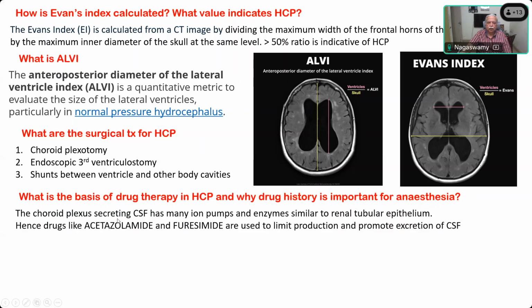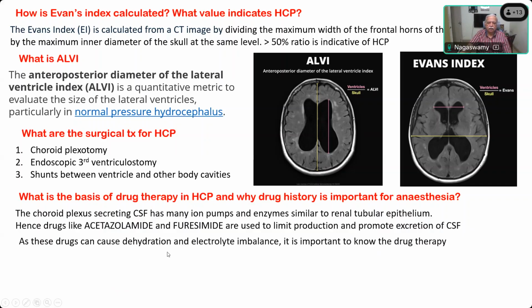Hence drugs like acetazolamide and furosemide are used to limit the production and promote excretion of CSF. That is the basis of using these drugs. As these drugs cause dehydration and electrolyte imbalance, if the patient has been treated with this drug, it is important to know this drug history and check the status of hydration as well as electrolyte status before you take up the patient for surgery.